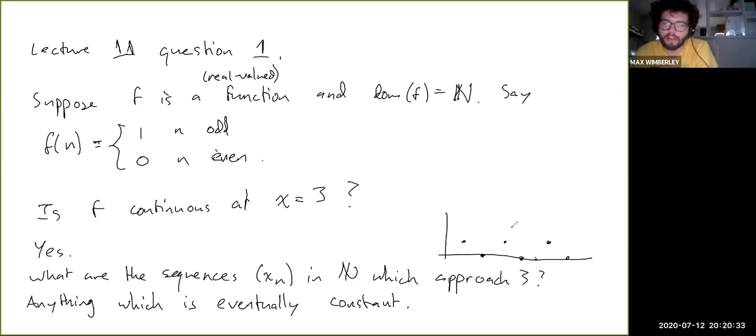Because if it keeps jumping to other values, then there will be places where the absolute value of x_n minus 3 is going to be at least 1, and that will happen infinitely many times, and that's not allowed, right?